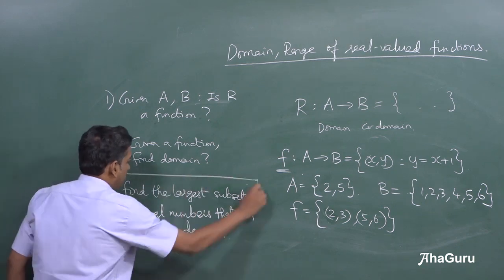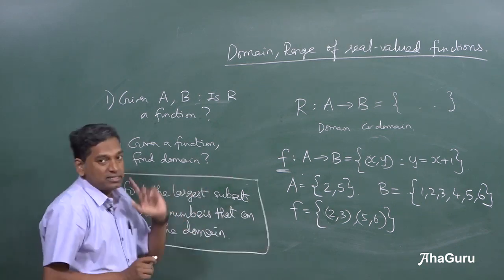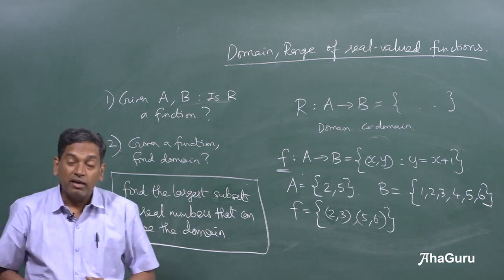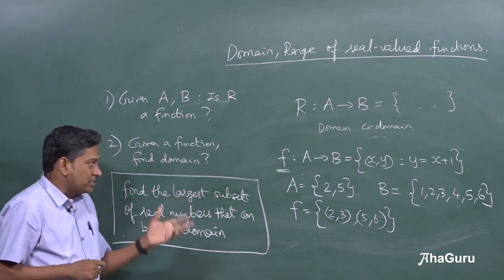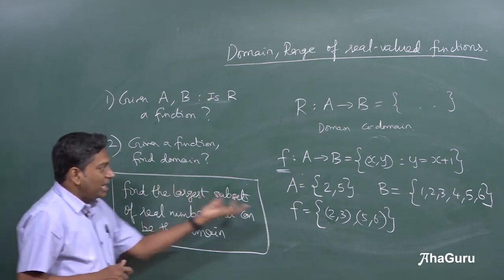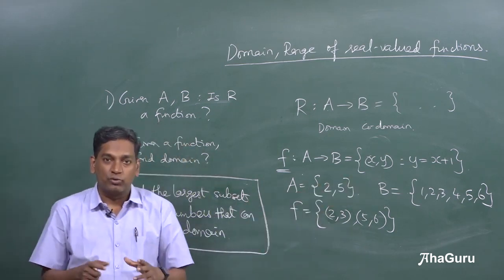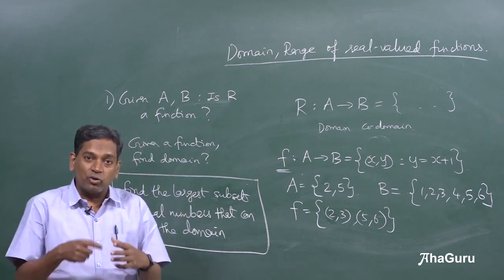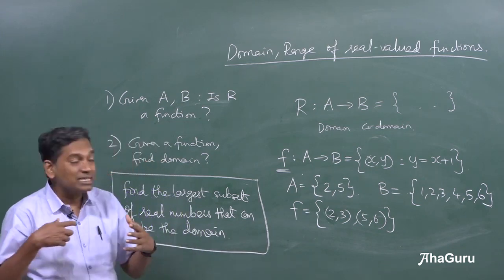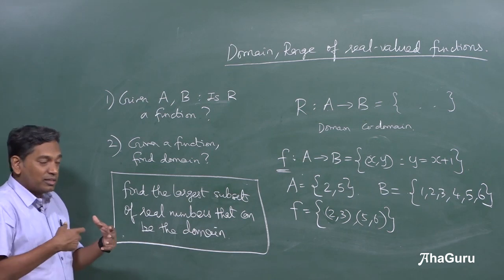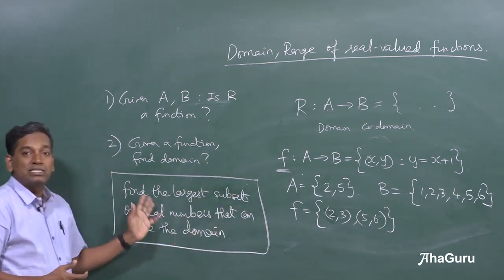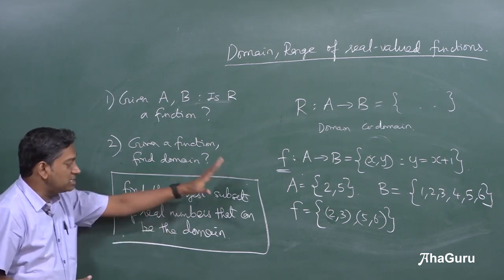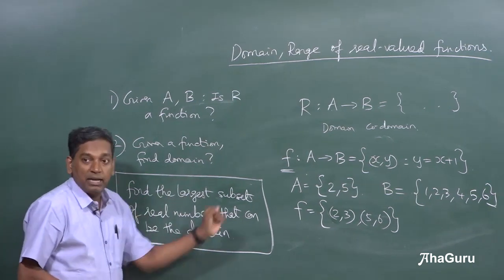This is what they imply, but what they state is just find the domain. But you have to understand that this is what you are required to find, because if this is not stated explicitly, like I said, 2 comma 5 is a valid answer, but if you give that as an answer, you are going to be marked wrong, unfortunately, because the people who gave the question have assumed this to be the question: find the largest subset of real numbers that can be the domain.